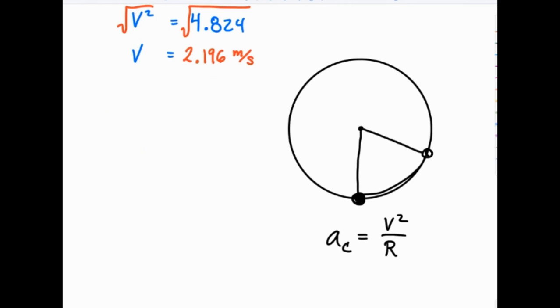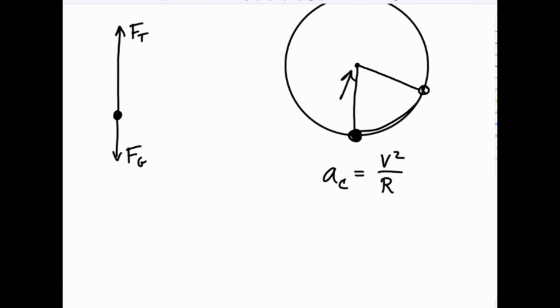So at the bottom, the only forces acting on this are our gravitational force and the tension from the string. And that tension is bigger than our gravitational force because it's accelerating upwards because that's where the center of the circle is. All right, so then my net force equation, I do the sum of the forces in the y direction is equal to my tension minus my gravitational force, and that's equal to mass times acceleration.